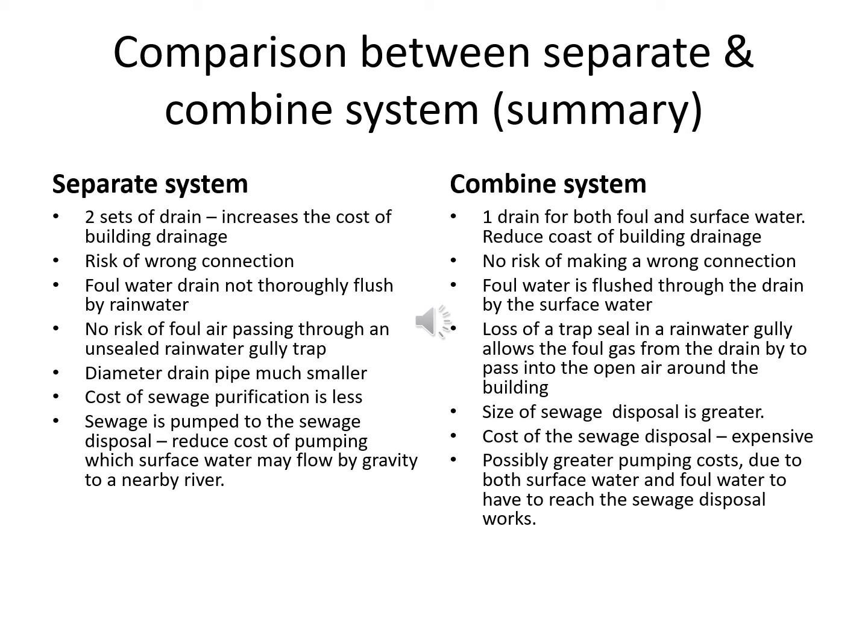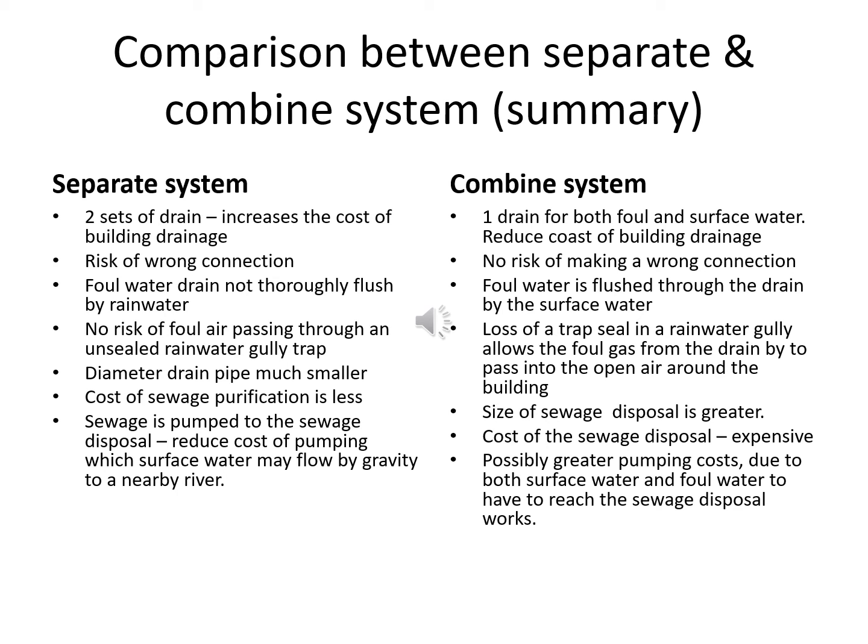Meanwhile, the combined system is one drain for both foul and surface water. It reduces the cost of building drainage. There is no risk of making a wrong connection. The foul water is flushed through the drain by the surface water.